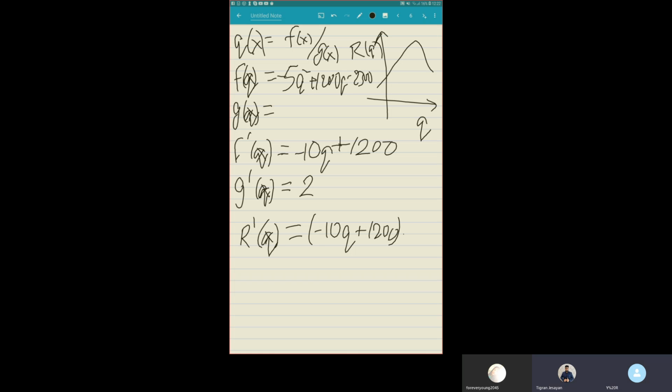Gx and g bar x are different, right? And this divided by gx to the power 2, which is 250 plus 2q to the power 2.